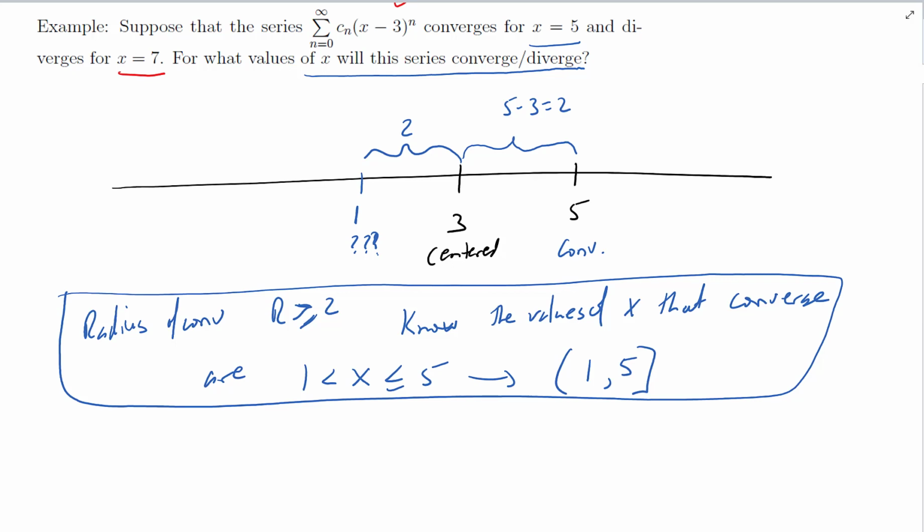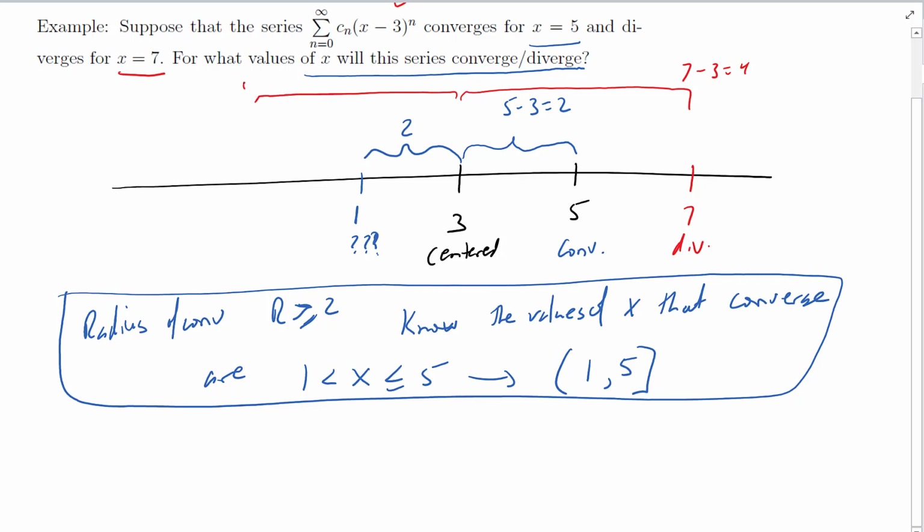Now, this problem tells me it also diverges at 7. So if I come over here and put a 7 here, I know this one diverges. Now, if you look at the distance from 7 to 3, if I take 7 minus 3, that's equal to 4. So if I come off a distance of 4 this way also, 3 minus 4 is minus 1.